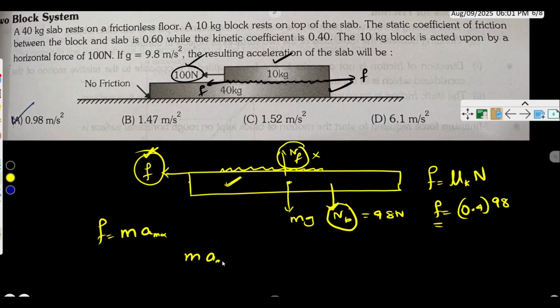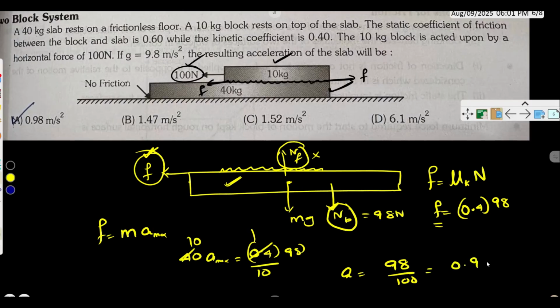Maximum acceleration with which it can move is 0.4 into 98 divided by the mass of the block, which is 40 kg. So this is the maximum acceleration with which it can move. Acceleration would be equal to 98 by 100, that is 0.98 meter per second square.